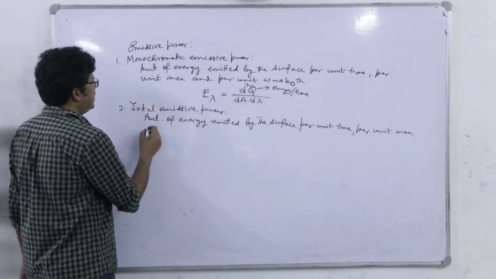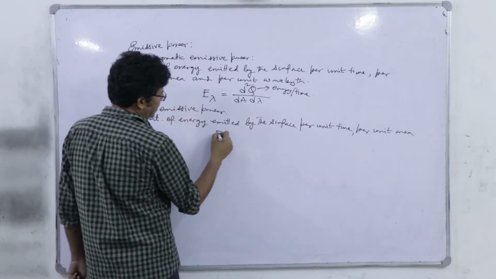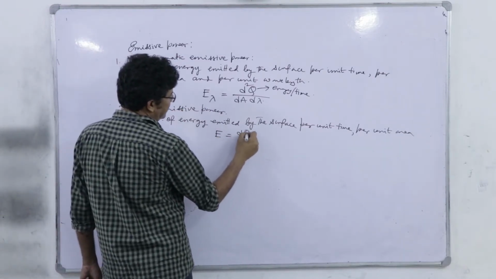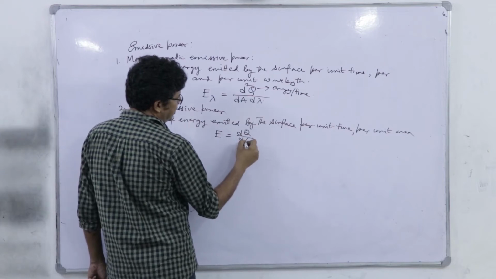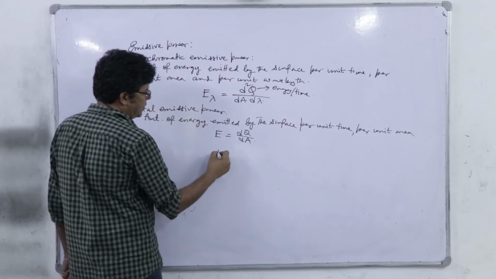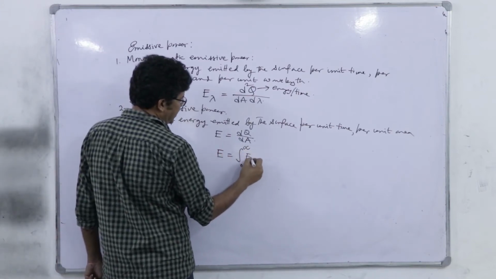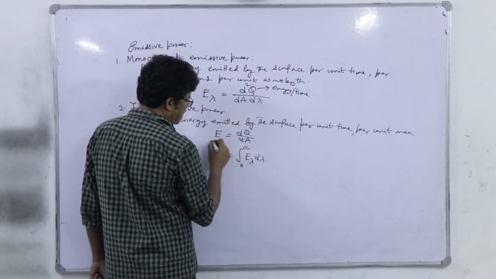Per unit area is the total emissive power, which is E, and obviously it is dQ/dA. So, you can understand from these two that E will be equal to the integral from 0 to infinity of E lambda d lambda.